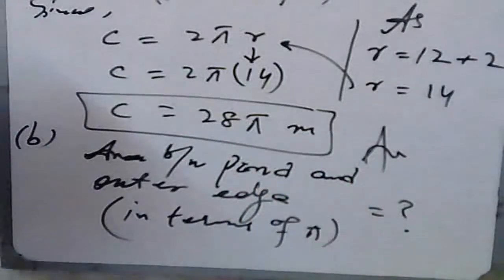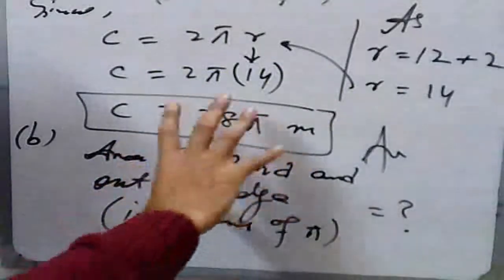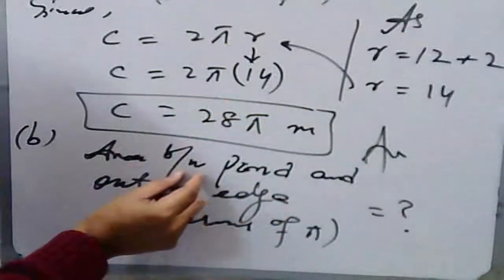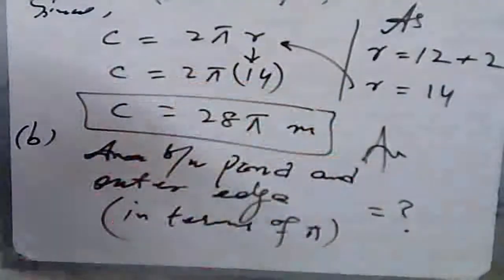First we have to find the area of the pond, then the area of the outer edge, then we have to subtract, so we can find the area between the pond and the outer edge. First we find the area of the pond.